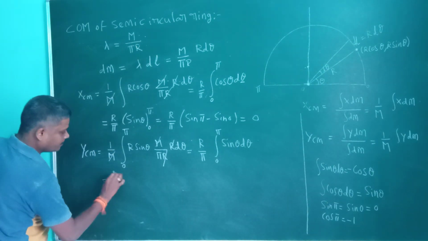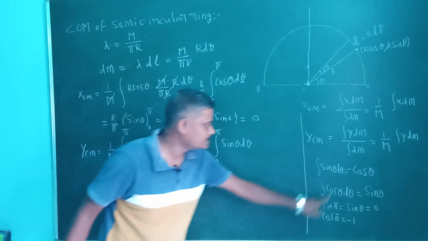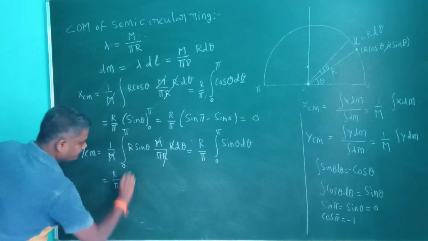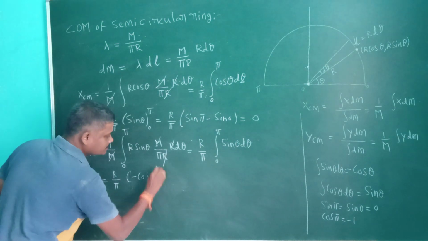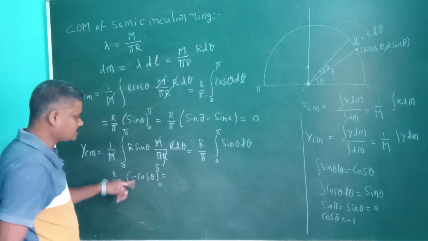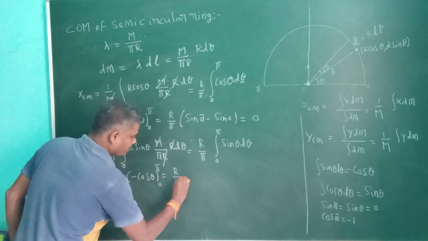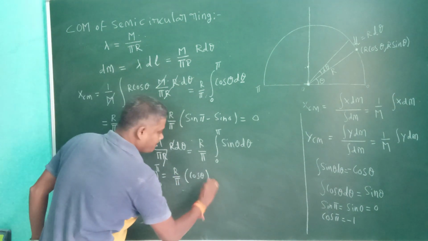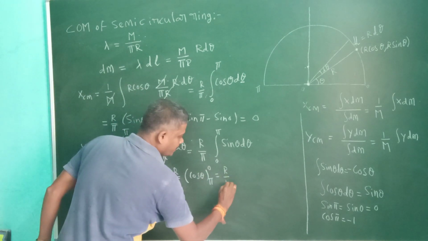That is r by pi, integral sin theta d theta is minus cos theta. Lower limit is 0, upper limit is pi. To remove this negative sign, I interchange the limits. That is r by pi cos theta from pi to 0.